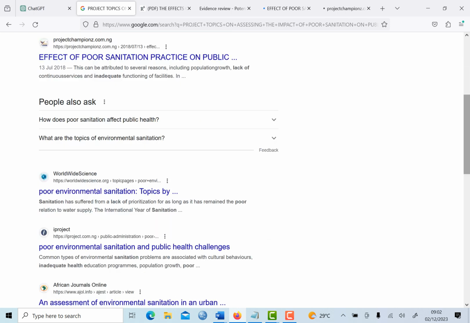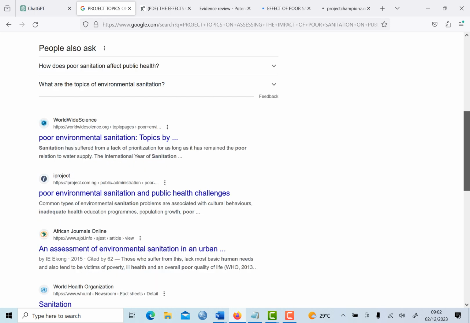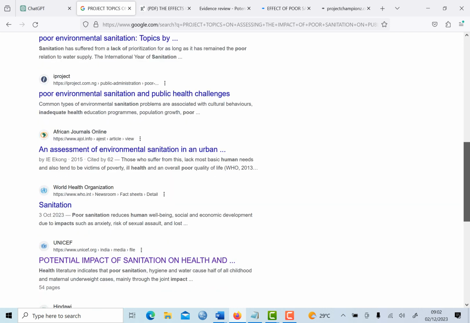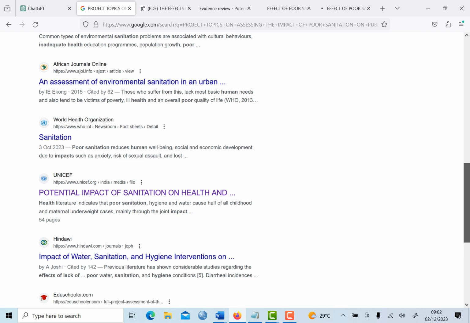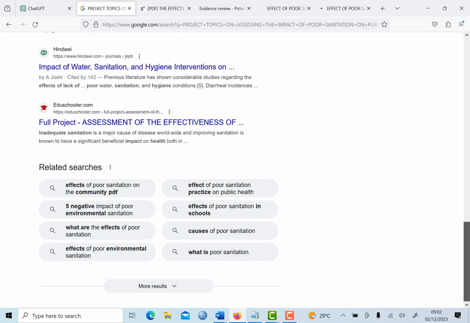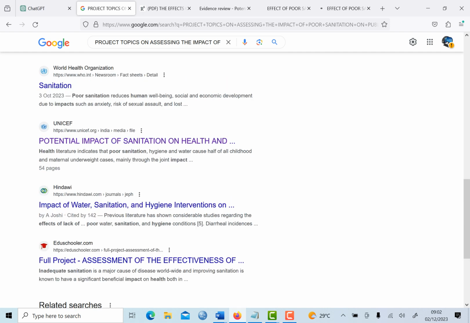This is how you do research work. You check everywhere. Check everywhere you need to check. The potential impact of sanitation.